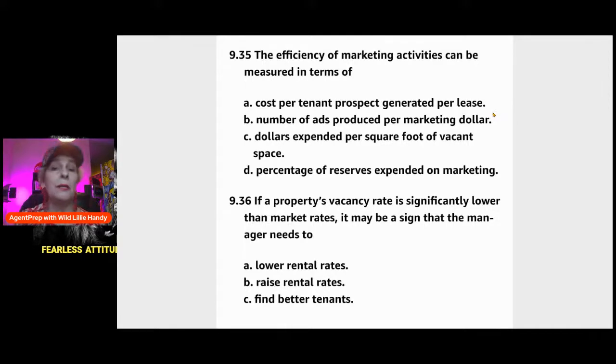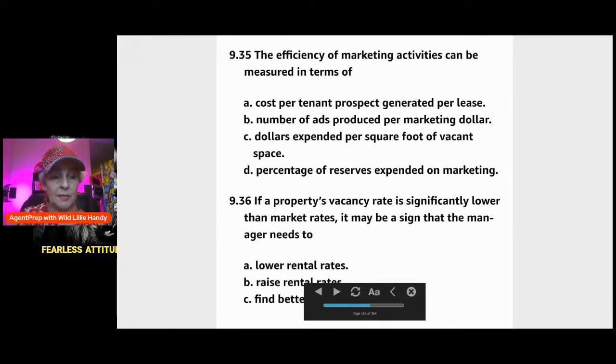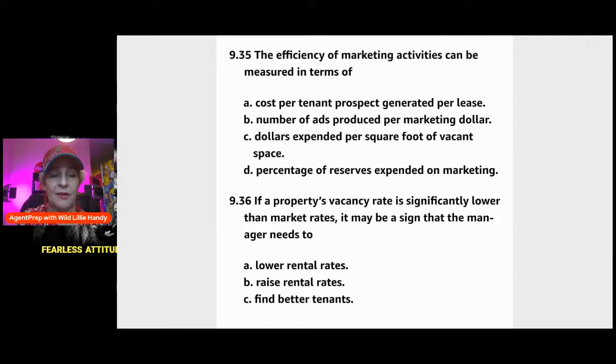So it was 10 prospects, 5 times 2, and then generated 2 leases. So that probably did pretty good if that's all they needed was 2 leases. So the lower the cost per prospect per lease, the more effective and efficient the program.